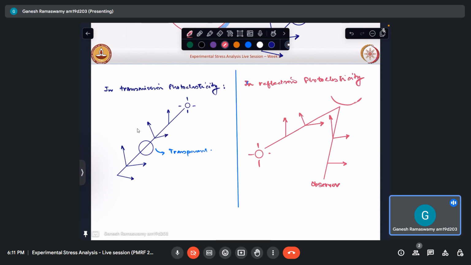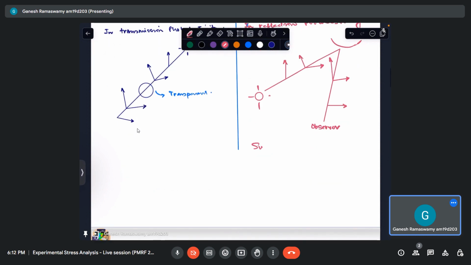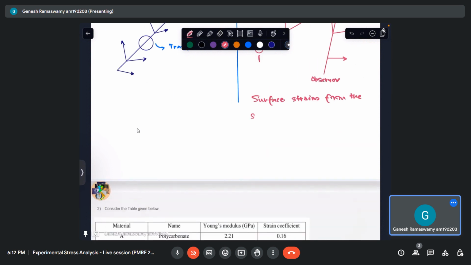So essentially, this is to do with surface stresses, or strains actually. Rather, it should be surface strains. Surface strains from the specimen get transferred to the coating.